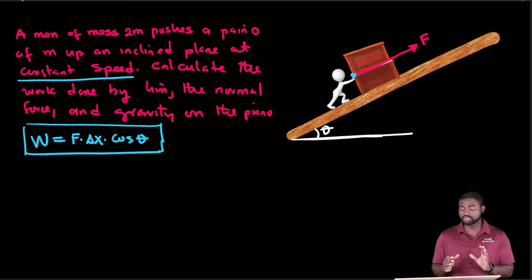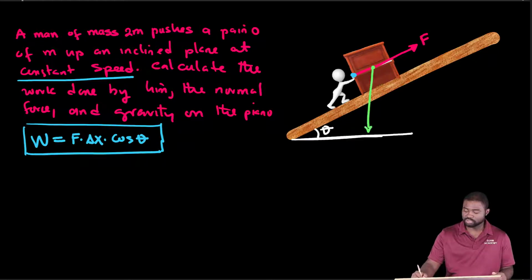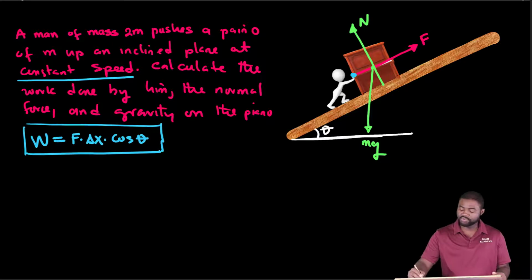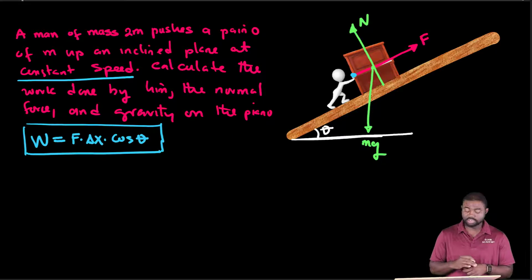Whenever you're given a problem that involves forces, my recommendation is to start by drawing a free body diagram. The weight of the piano acts vertically downwards, so this is mg. The normal force acts perpendicular to the plane, so this is the normal force. Now obviously F acts along the plane. We are assuming here that there is no friction, in other words, the inclined plane is smooth.